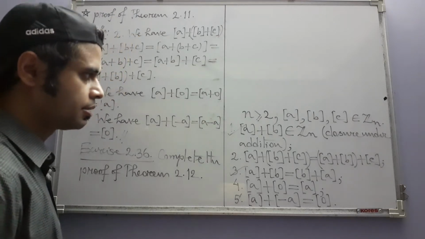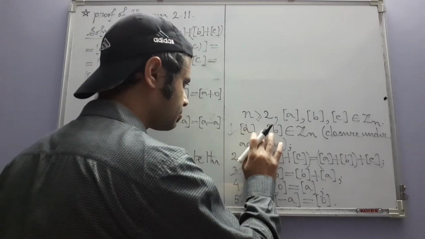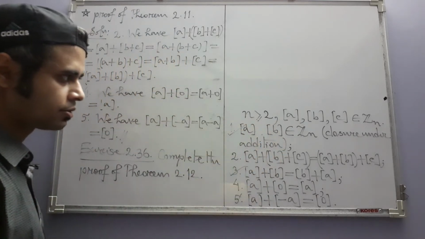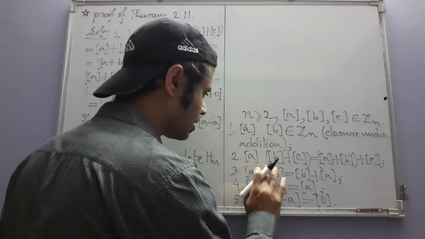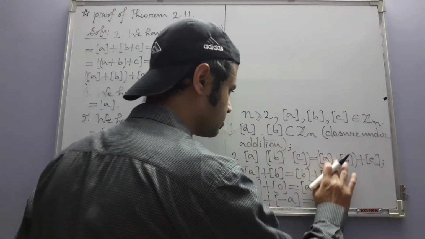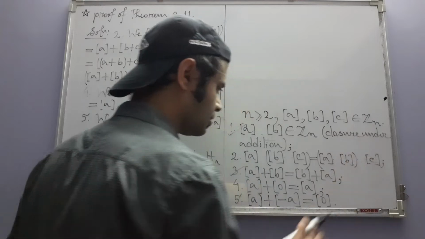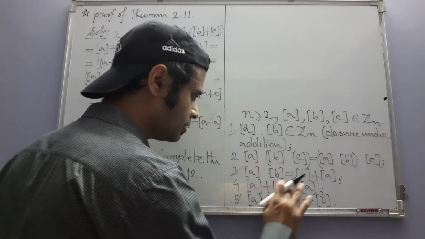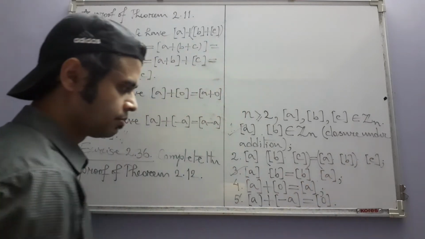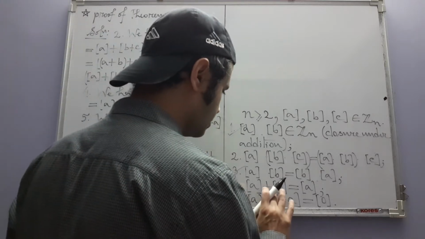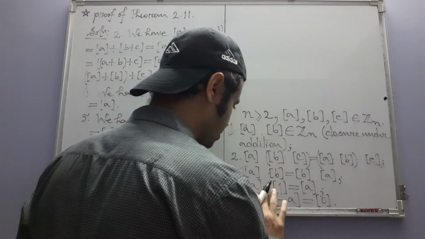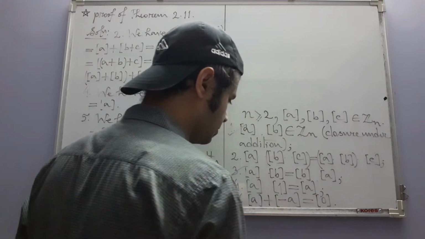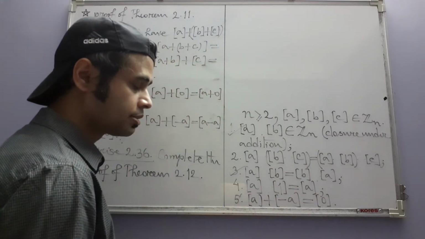The others are similar. For example, the product of two such elements is again in set n. Multiplication mod n is an associative operation. It is commutative. Then there is this multiplicative identity, and there is that distributive law.